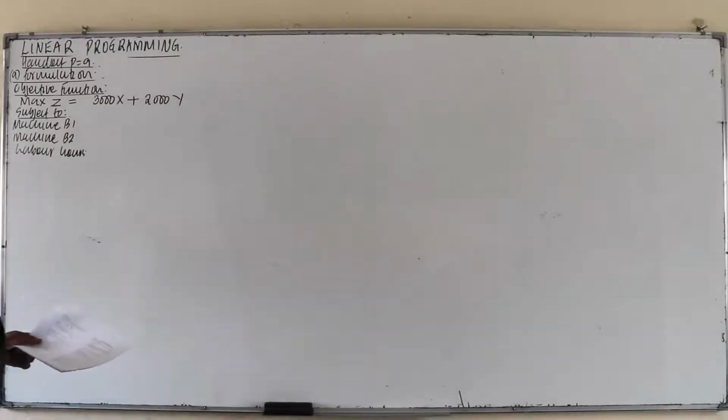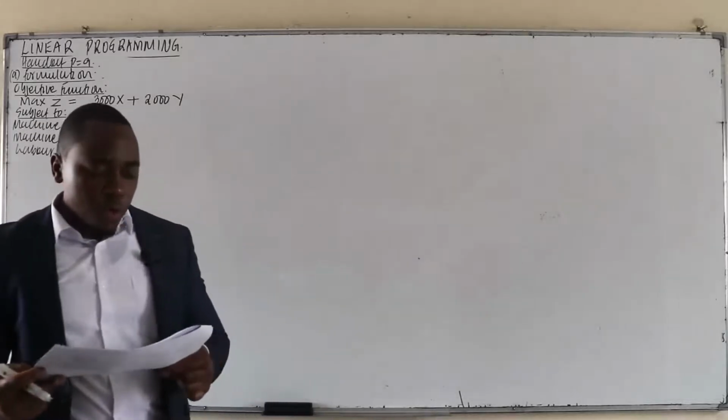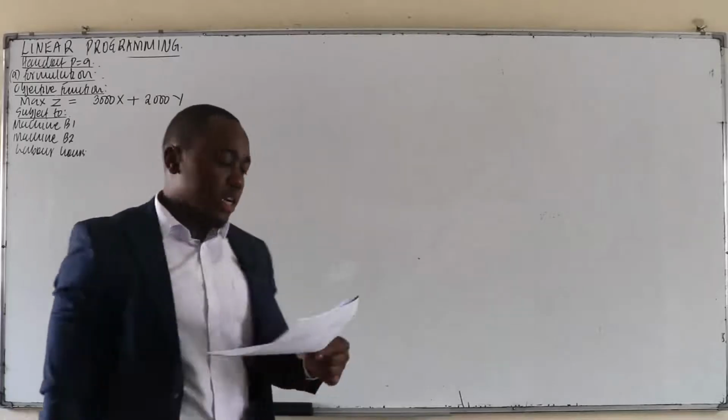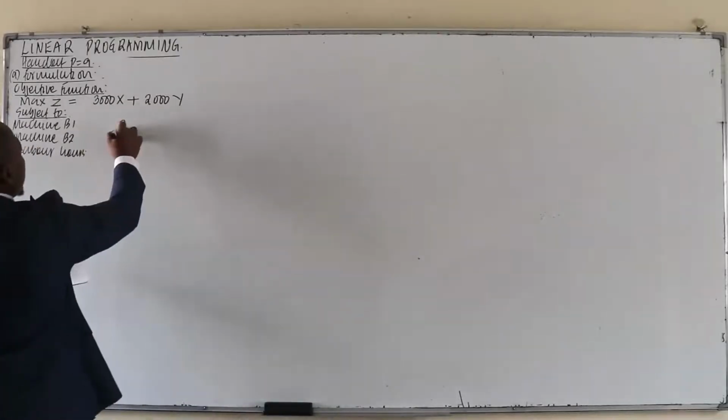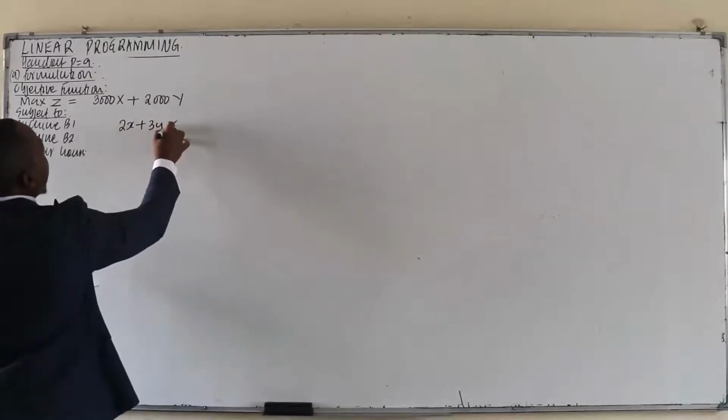So let's start with machine B1. On machine B1, you require 2 hours to make each product of X and 3 hours to make each product of Y. So you see that it's 2X plus 3Y less or equal to.